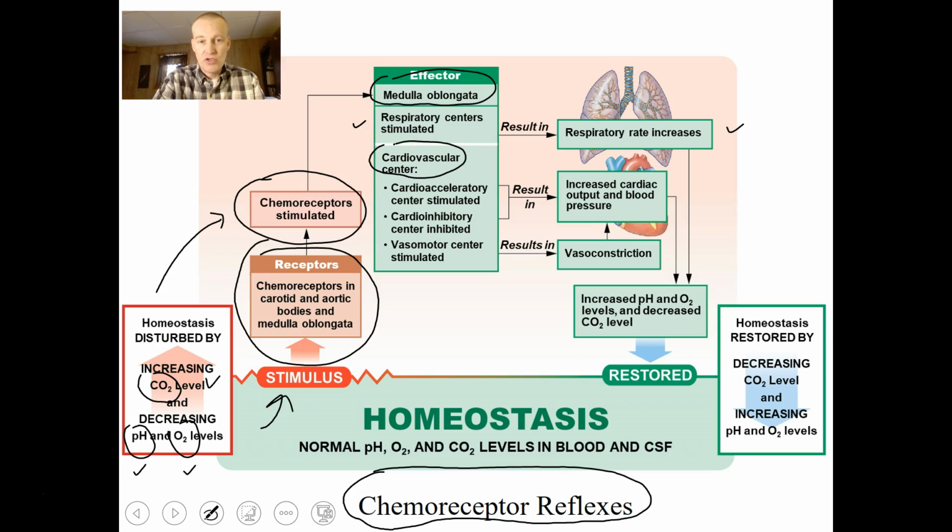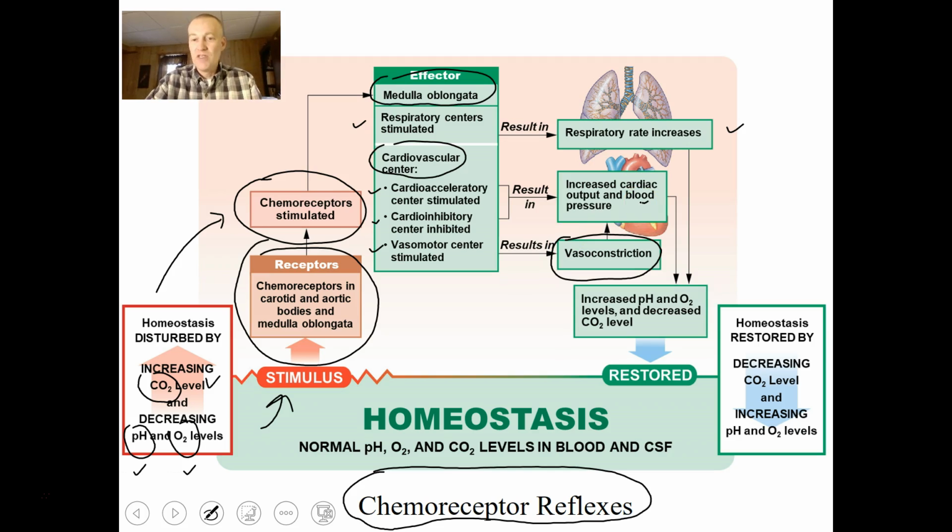So the cardio-acceleratory center will be stimulated. That results in increased cardiac output and increased blood pressure. Cardio-inhibitory centers will be inhibited. Vasomotor centers will be stimulated, which will cause vasoconstriction, which will increase blood pressure.